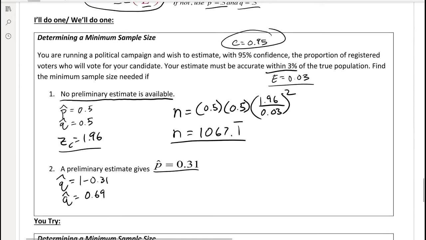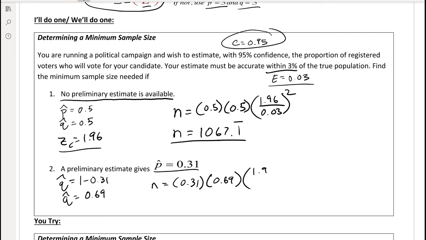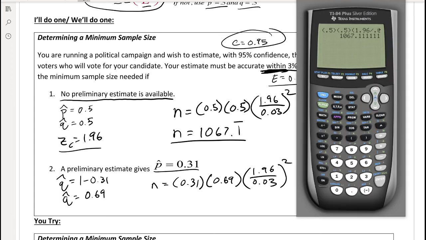We plug that in, and it's the same equation, but now you have a different p hat and a different q hat. So n is equal to p hat, 0.31, times q hat, 0.69, and everything else stays relatively the same. It will be 1.96 for z critical, and your margin of error is still 0.03. Again, it's that whole idea of understanding that it's within 3%. That's what your margin of error is. It's plus or minus 3%. We're going to square that.